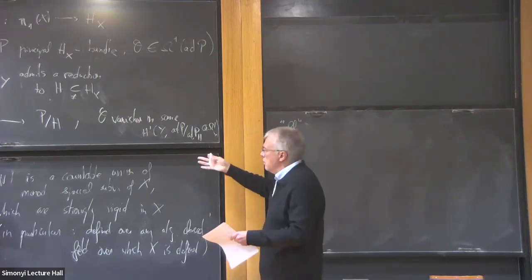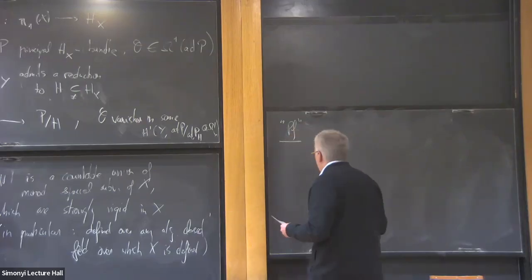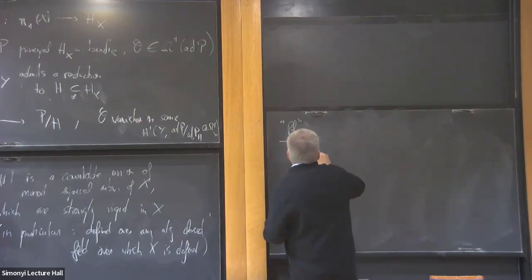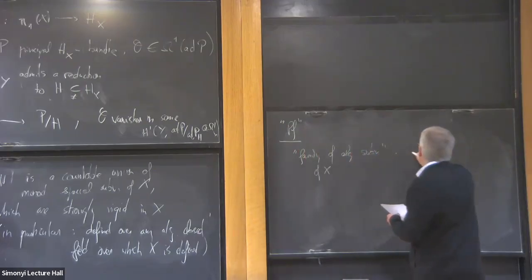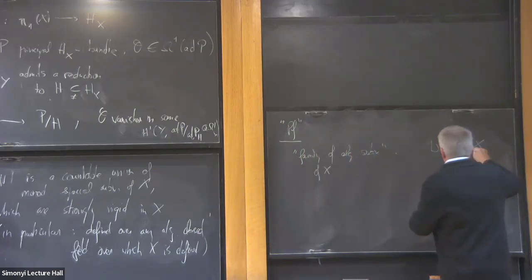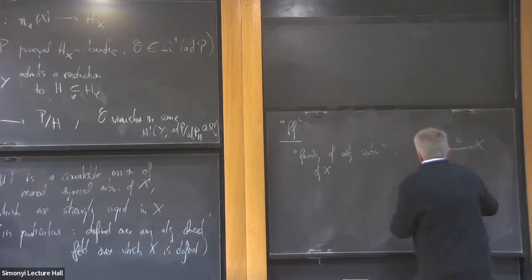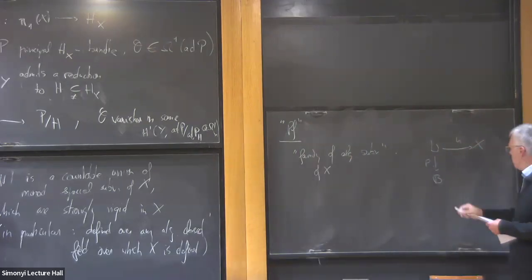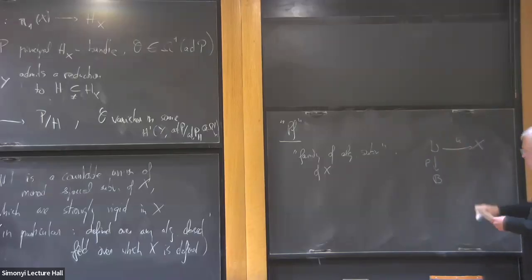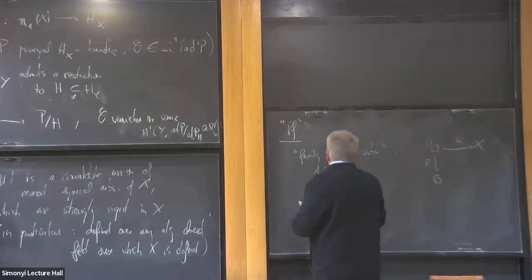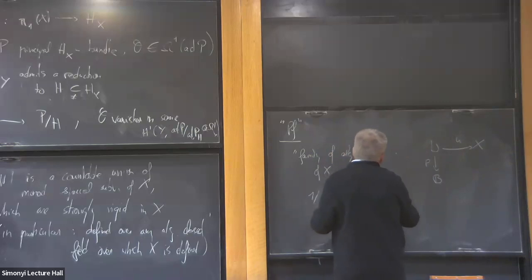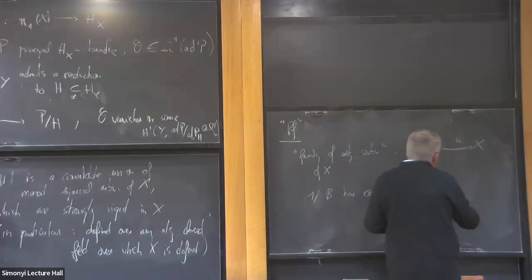Well, first of all, I want to clarify what I mean by a family of algebraic subvarieties. So what is it? For me, this is a diagram like this. You have a base B, you have a family of varieties over it, and in general B has only countably many connected components.